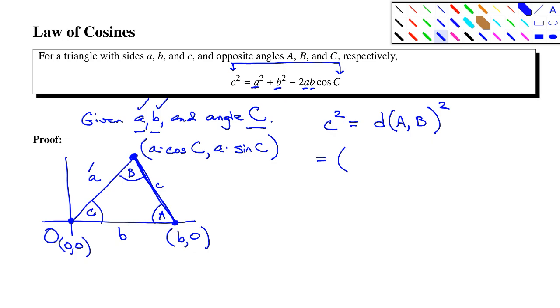The x coordinate at point A is b, minus the x coordinate at point B is a times the cosine of C. That's squared. Plus, now it's the difference in the y's. The y coordinate at point A is 0, and the y coordinate at point B is a times the sine of C. And we square that as well.